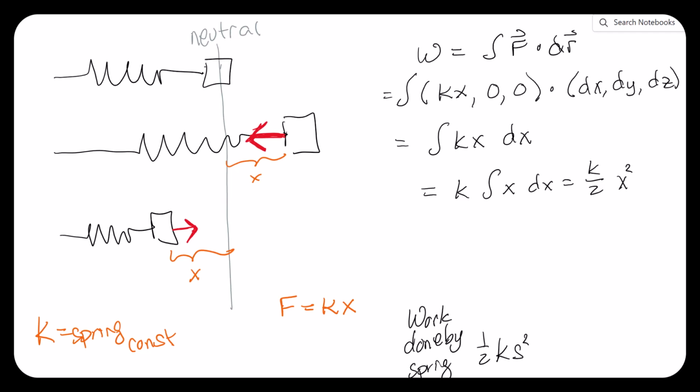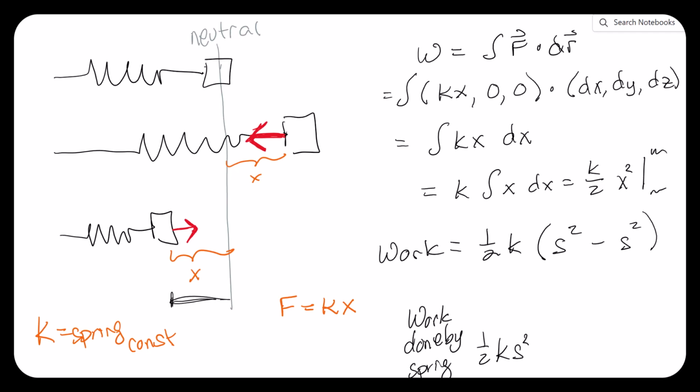But basically the idea is from one place to another. So if you want to find the work done by a spring, it's going to be 1/2 times k, and then x of one of the points squared minus x of the other point squared.